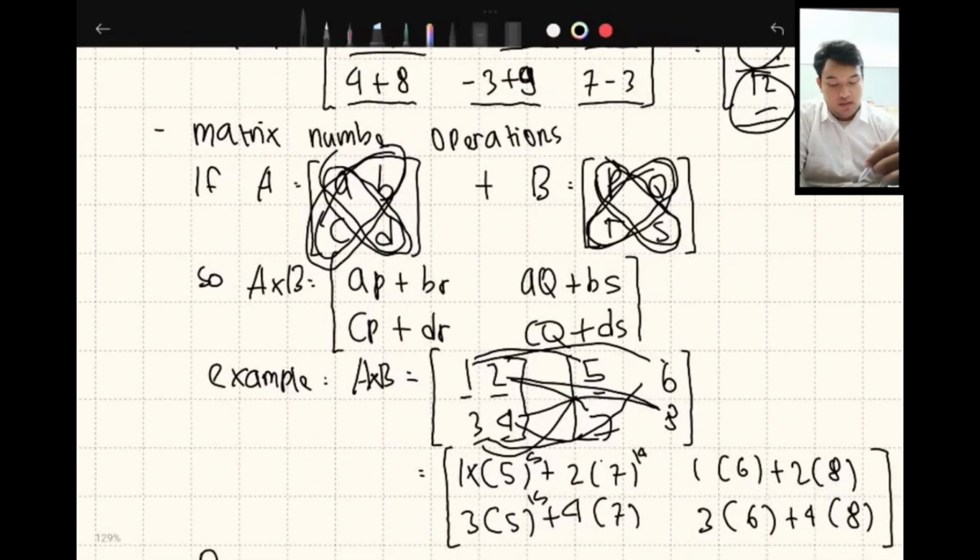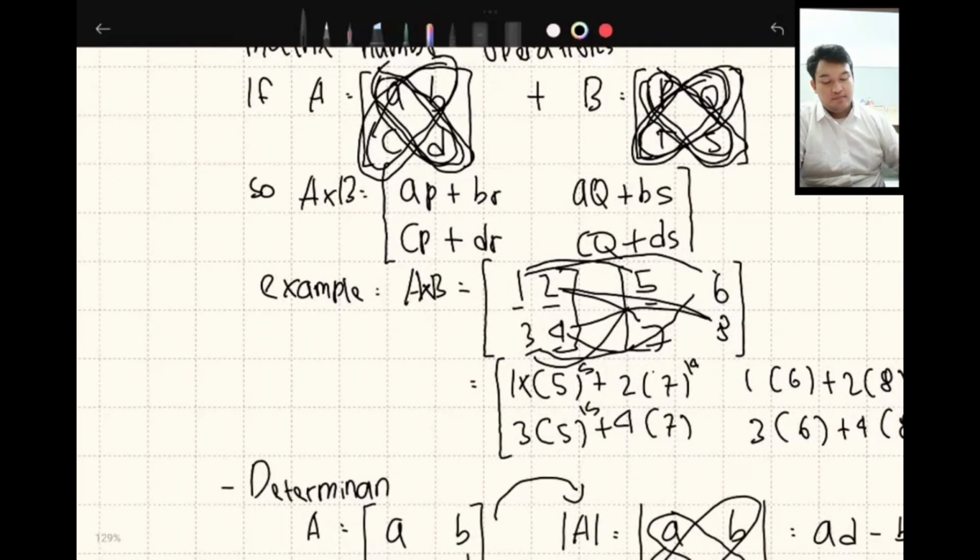If A, B, C, D times P, Q, R, S, then A multiply B gives AP plus BR, AQ plus BS, CP plus DR, CQ plus DS.